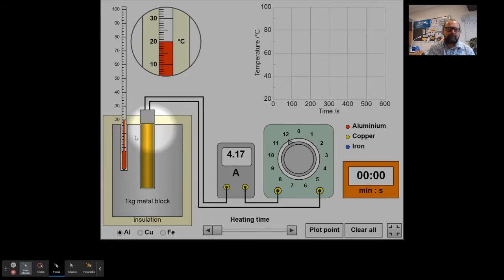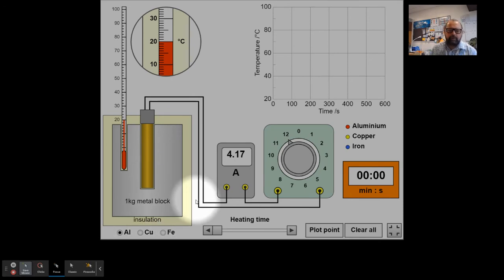We want the heat from the heater to go into the block and raise its temperature. To supply the power and the energy needed to make the block hotter, we've got a power pack which we've set on 12 volts. That is making a current flow that we've recorded, and the immersion heater that's inside the block will be getting warmer.